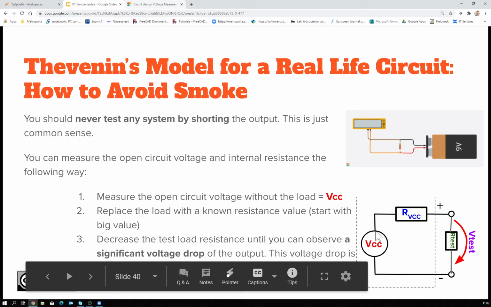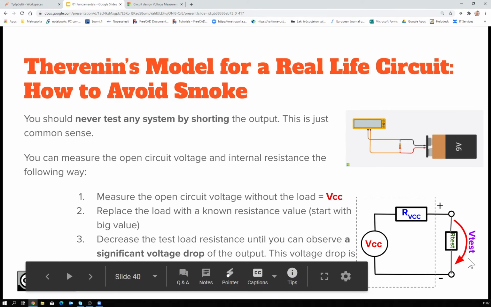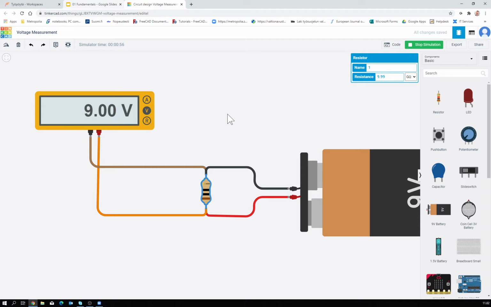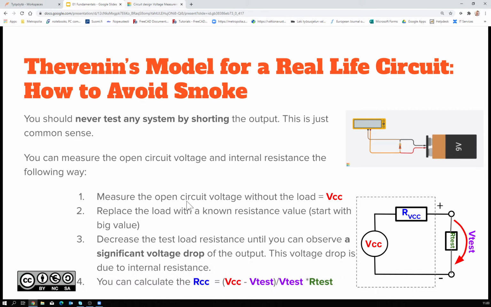What changes when we go from gigaohm to 1 ohm is that there's an internal voltage drop on that RVCC resistor, and there is a formula to then calculate the measurements.